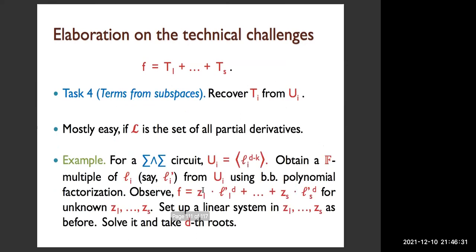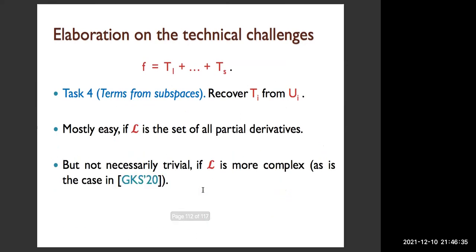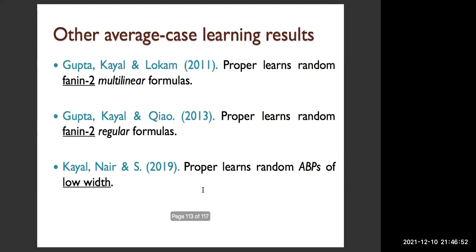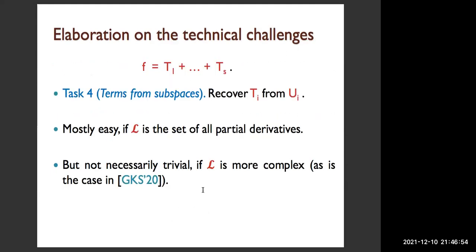All right, so this brings me to the last step. Let me skip the last step because it's fairly simple, but not necessarily simple always. Like the last step of recovering the terms from the UIs, sometimes it becomes slightly complex, as in the depth-4 case. But I would like to again bring your focus to just step 2.